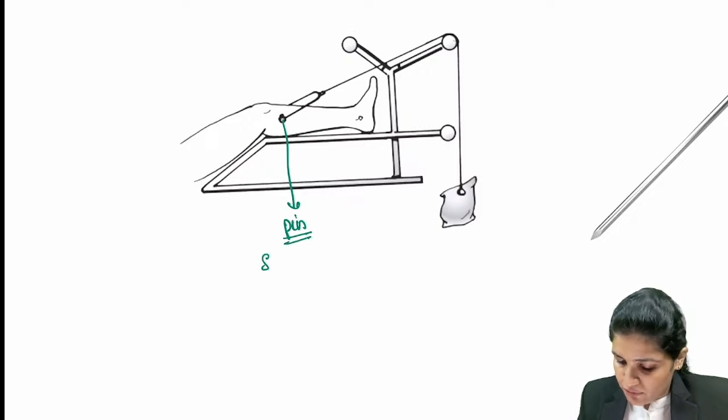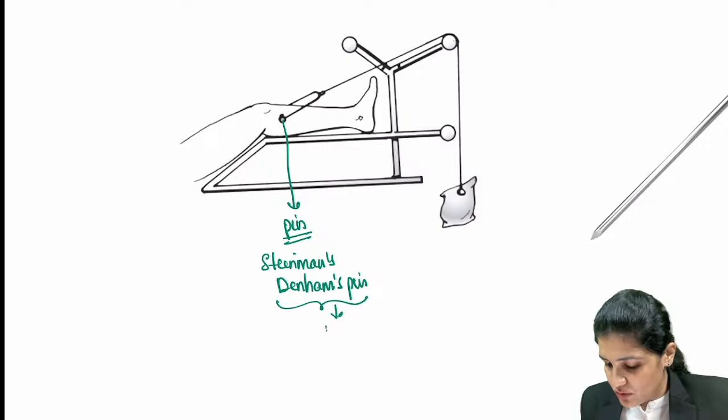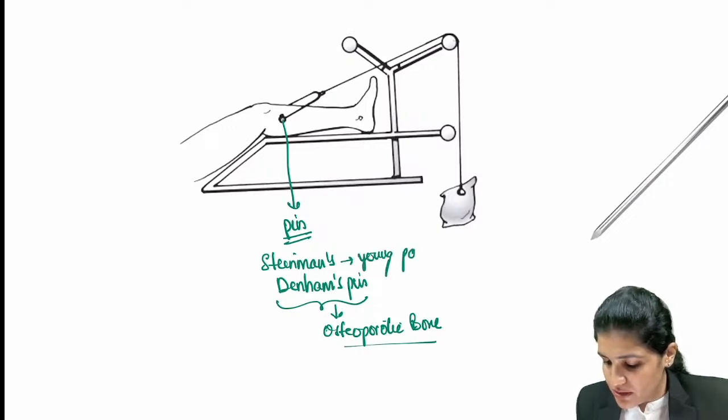This could be of two types, the Steeman's pin or the Dunham's pin. Dunham's pin is usually used in case of osteoporotic bones, and Steeman pin is used for young patients or good bone stock, right?